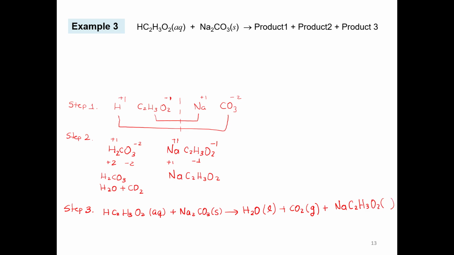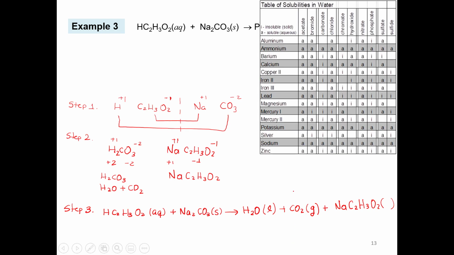And we need to find the physical state. Then let's see in this table what is the state for sodium acetate. Sodium, then we have acetate is A, means it's AQ.